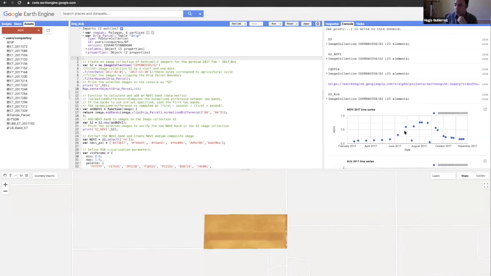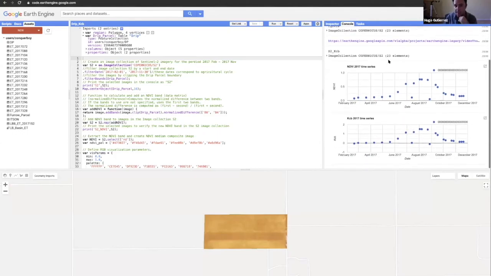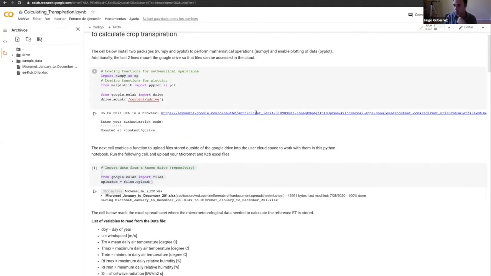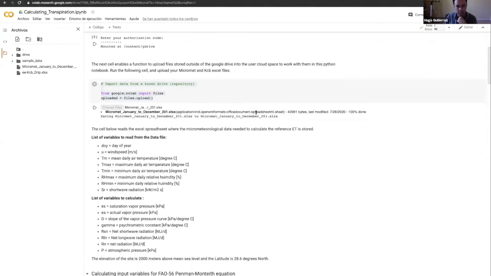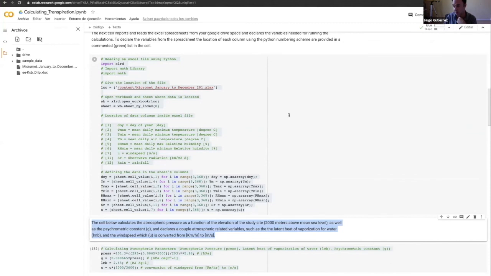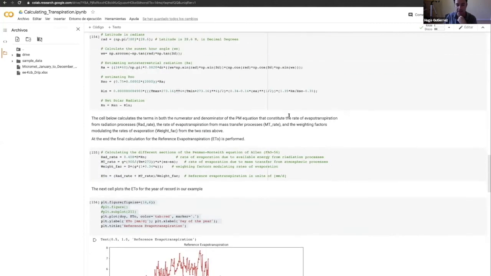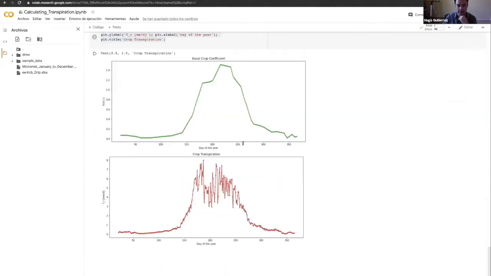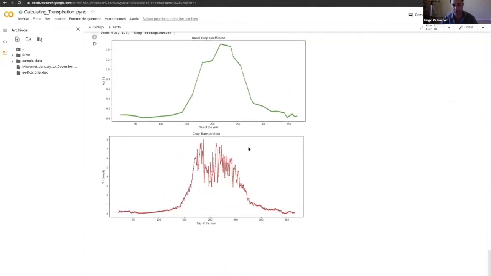And so they will be using all of this information that they gather to then process it in Google Colaboratory, again producing a script that is going to look something like this, and which at the end will show them the final reference evapotranspiration from a real place with real data, and the breaking down of the evapotranspiration into transpiration for the crop parcel at the end.